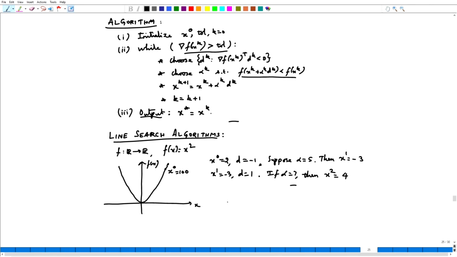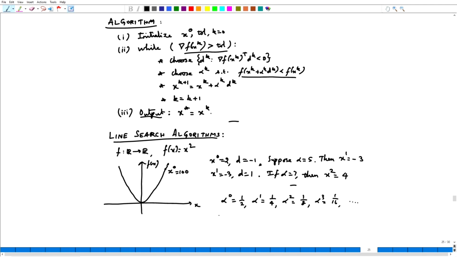I am going to choose the following values. I am going to choose alpha naught to be half, alpha 1 to be 1 by 4, alpha 2 to be 1 by 8, alpha 3 to be 1 by 16 and so on.